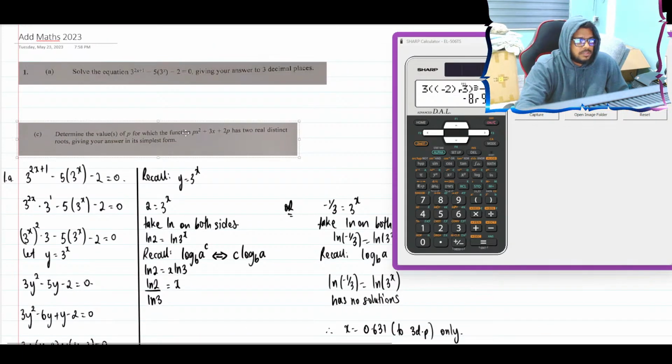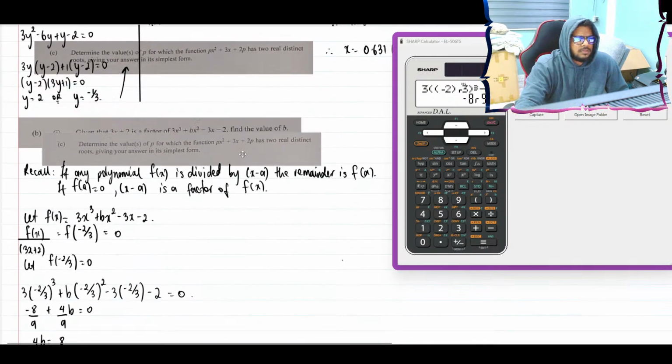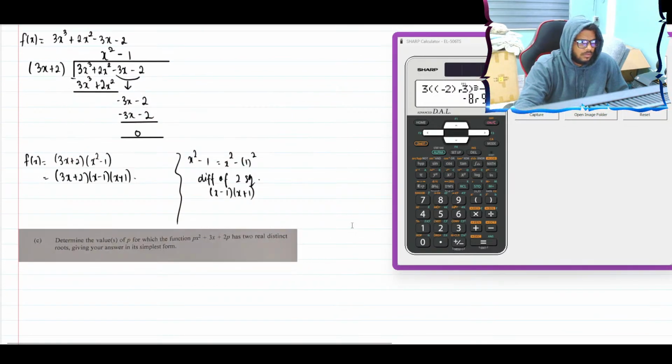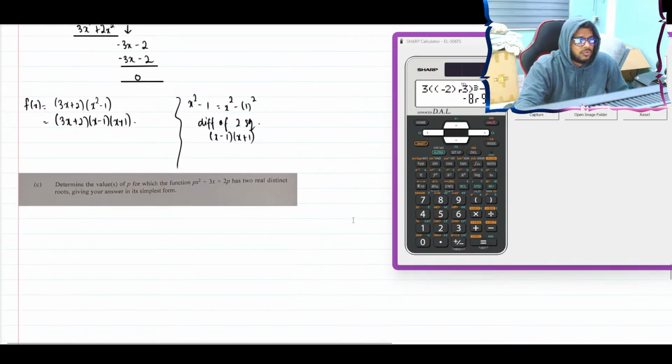The last piece, this will be the end of number 1. Determine the values of p for which the function has 2 real distinct roots, giving an answer in its simplest form. Well, we know for real and distinct roots, the discriminant will be greater than 0.